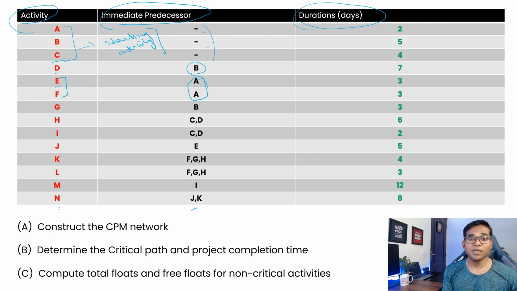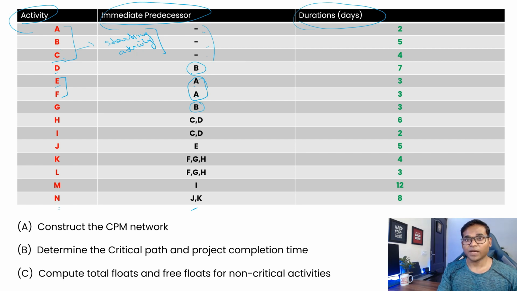It means there will be a node in our CPM network diagram where E and F are going to start from the same node. That will be the node where your activity A is finishing. Then you have activity G, which is going to start where B is finished, and it's an independent single activity.